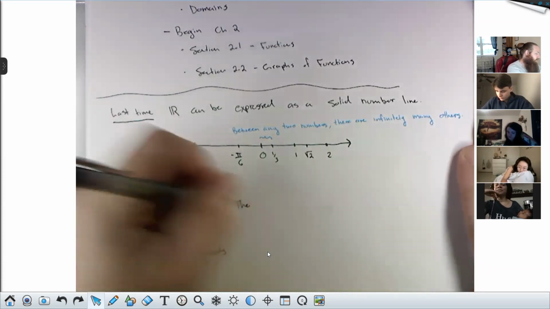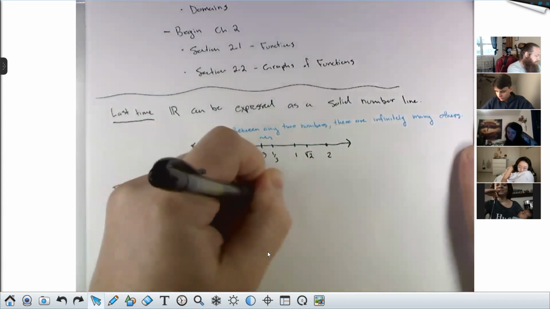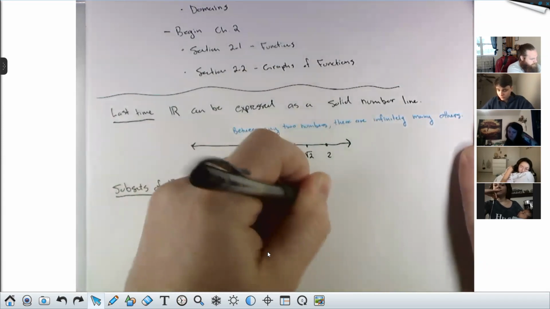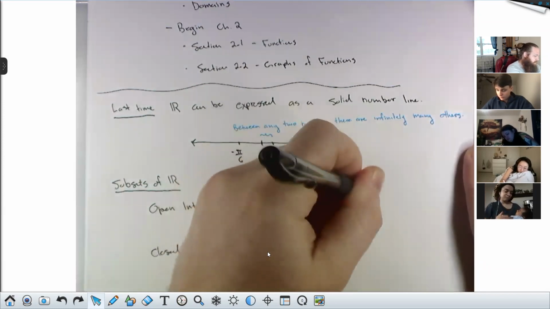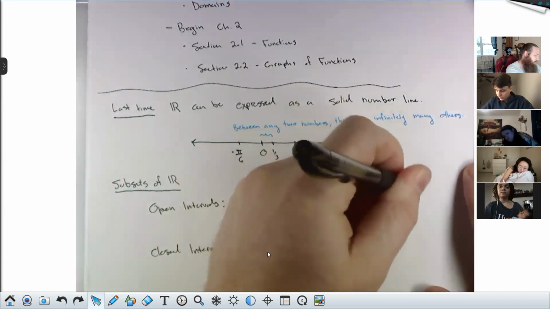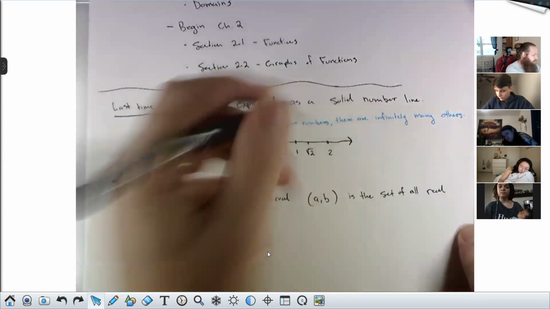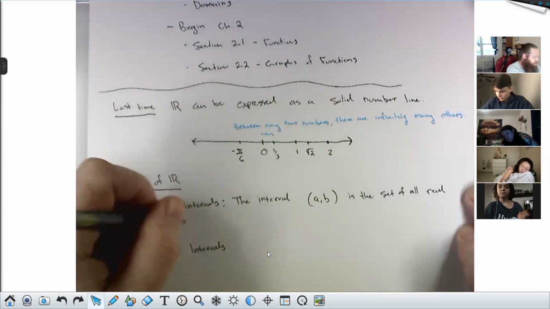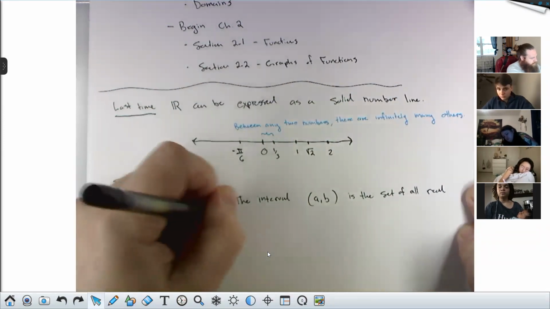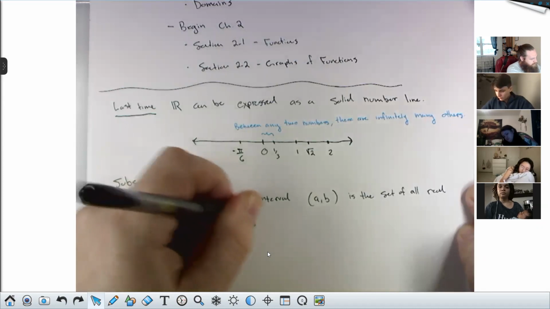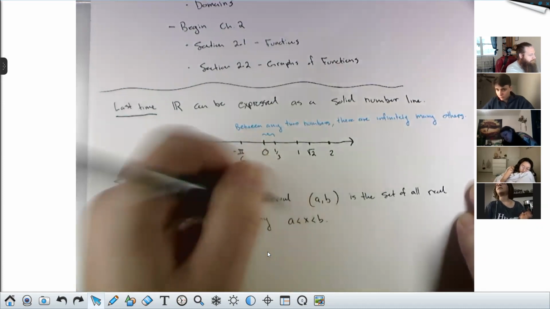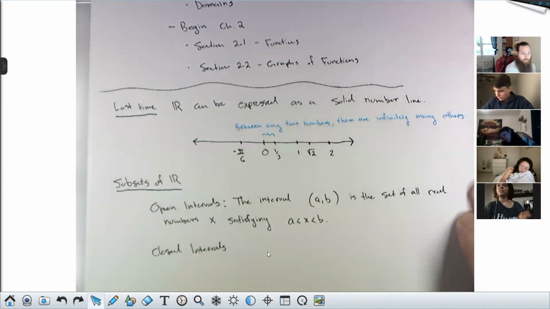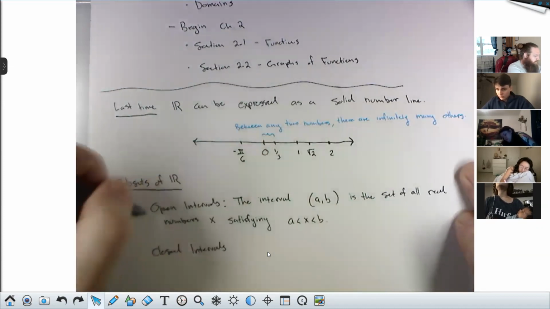So the interval expressed with parentheses like this is called an open interval, is the set of all real numbers x satisfying a is less than x is less than b. And that's what an open interval is.